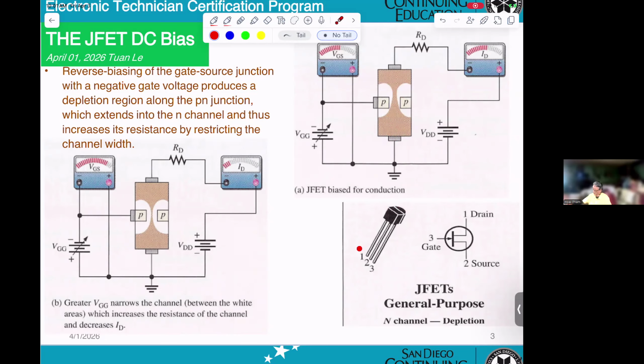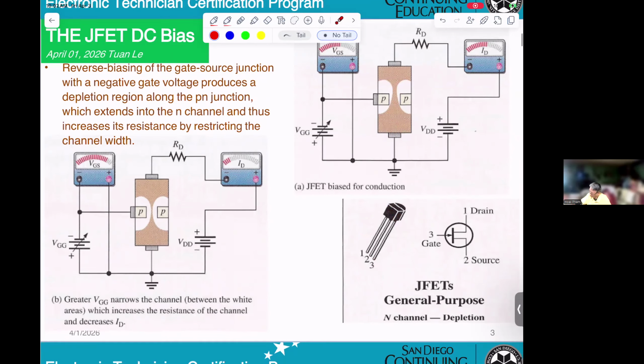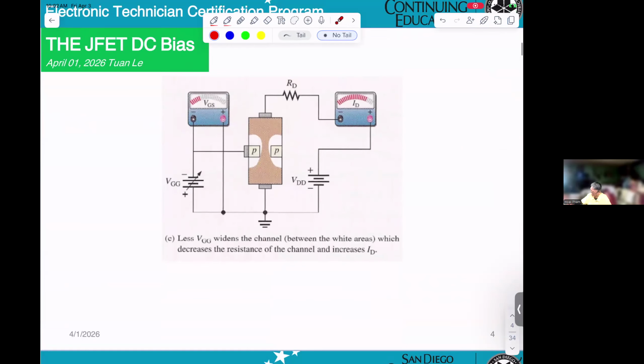So this also shows you the JFET when you are working on the level. Later I will make a little bigger picture.